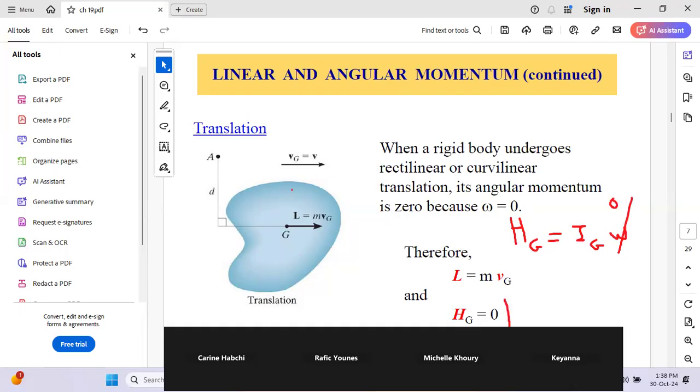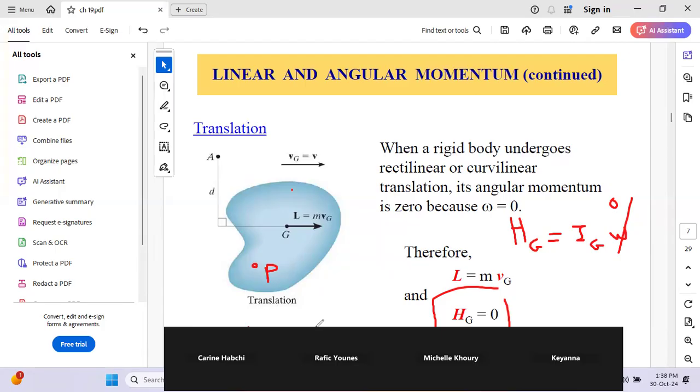But can we say that HP is 0 if I take any point P on the body? What will be HP? If you look at this figure, what is the general formula for HP?